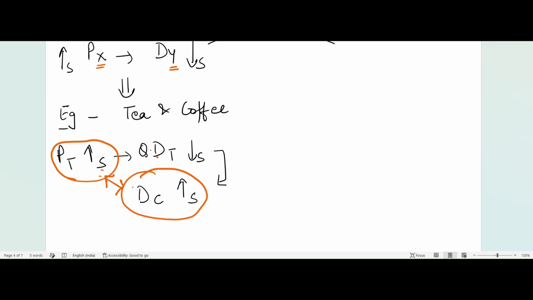But here what we are looking at is the price of one product and the demand for the other product. Do they have any relationship?